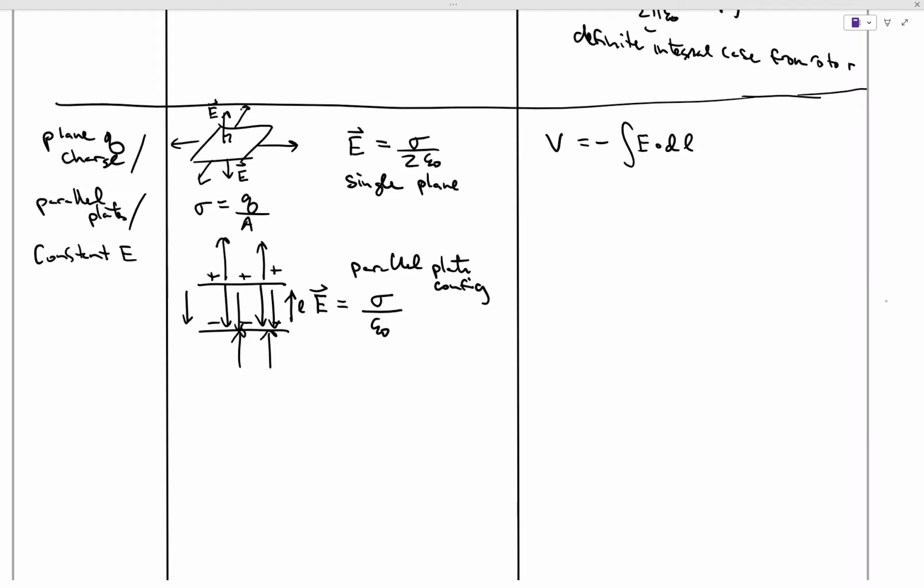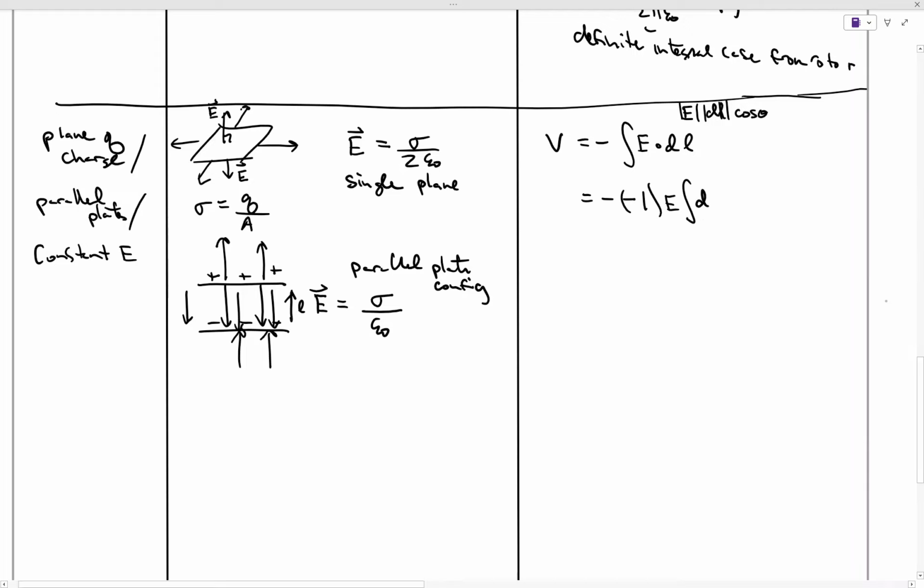And so this E dot dl, because remember, you can think of this as E dl cosine theta. If those are 180 degrees apart, theta is 180 degrees, then you would pick up a factor of -1 from that. And then also notice that if E is constant, as it is in this case, you could pull E out of the integration. So you would have E times this factor of -1 from the dot product.